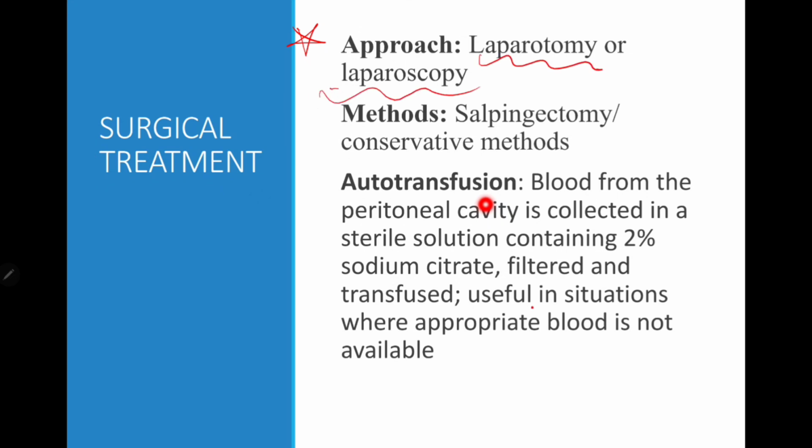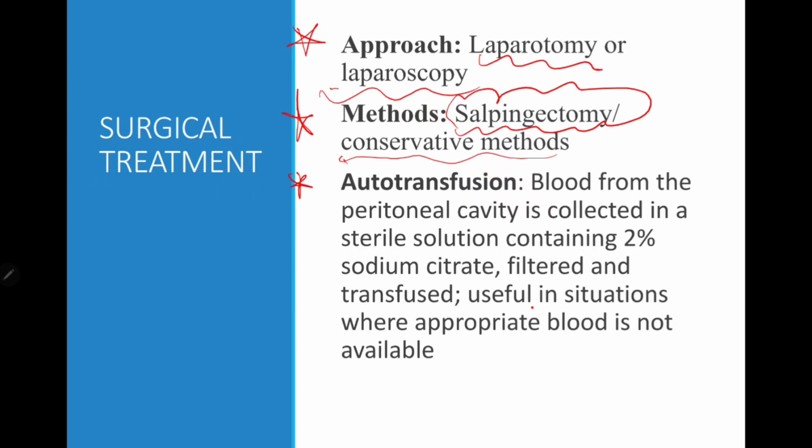Very important. So what are the methods? The various methods are salpingectomy or conservative methods like salpingotomy. Salpingectomy, that is removal of the fallopian tube, is quite invasive, so we also have other conservative options.